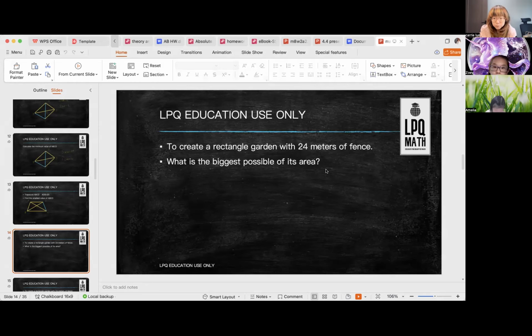Can it be like the 4 numbers all the same? Yes, it's a rectangle. Square is also a part of the rectangle.